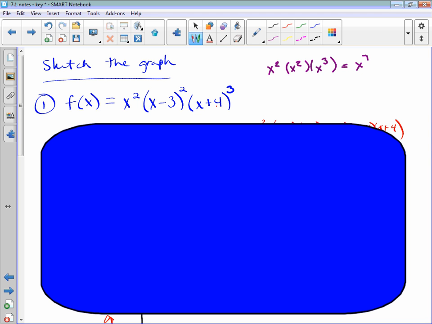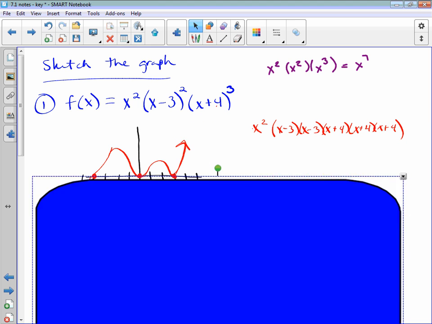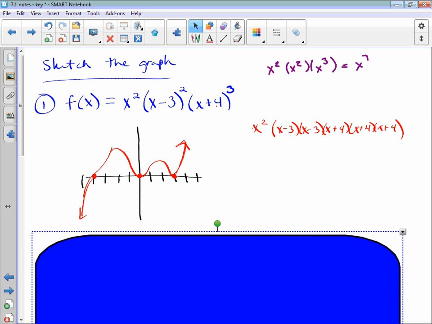All right, guys, let me show you this one, and then David, you can do the next one. Do you understand that one? You've got a point of inflection. So Megan, the ends, if you think about that, if the degree is 7, that's odd. They've got to be going in opposite directions, right? Yeah, so it's sort of like a cubed graph.